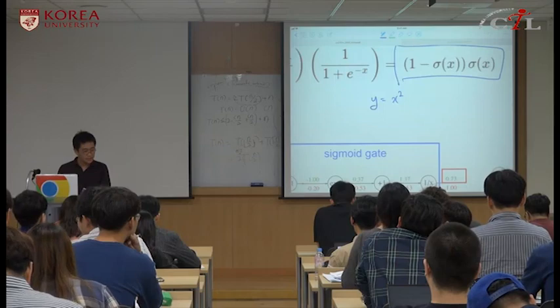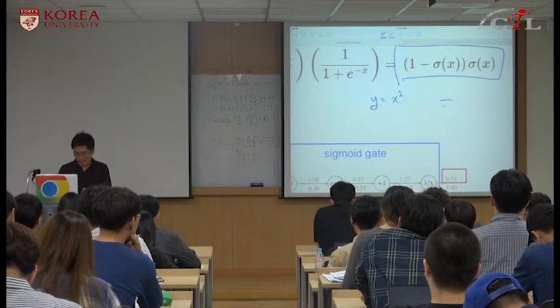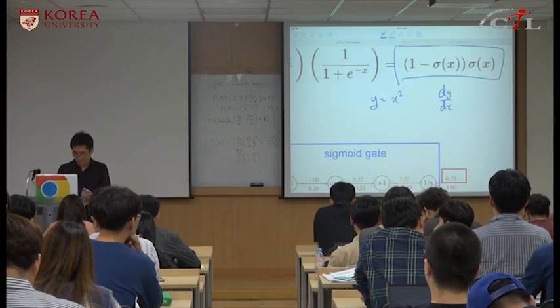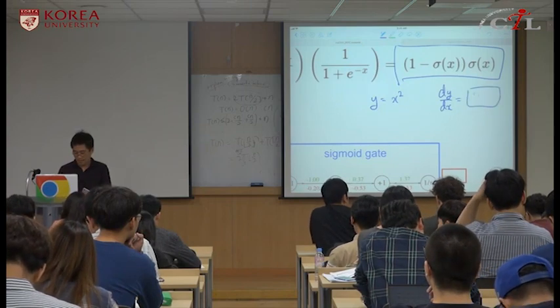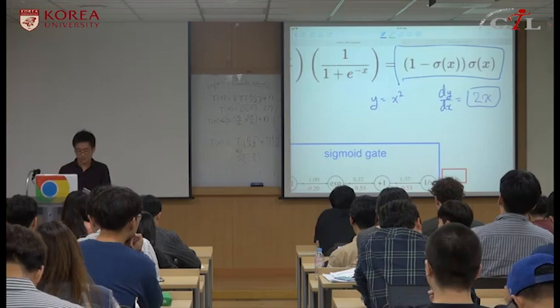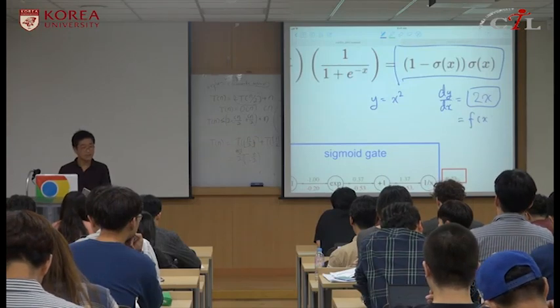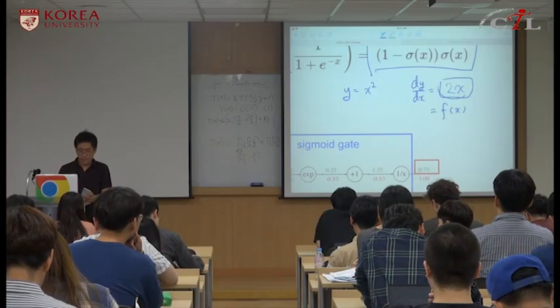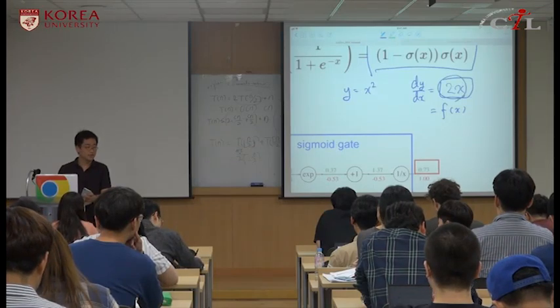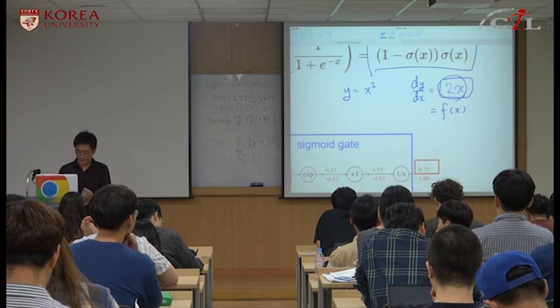If y is equal to x squared, and suppose we want to obtain the gradient with respect to x, we know it is 2x, and it is basically a function of x, right? But can we represent this gradient function in terms of y?